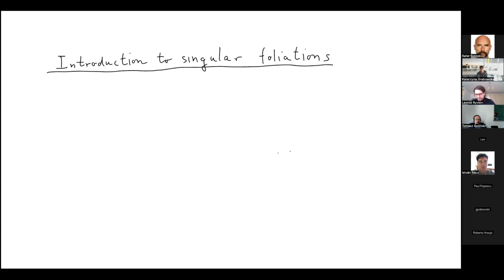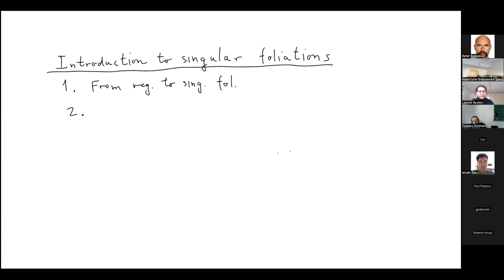The plan is relatively simple. Part one will be trying to motivate and introduce the notion of singular foliations coming from regular foliations. So from regular to singular foliations.